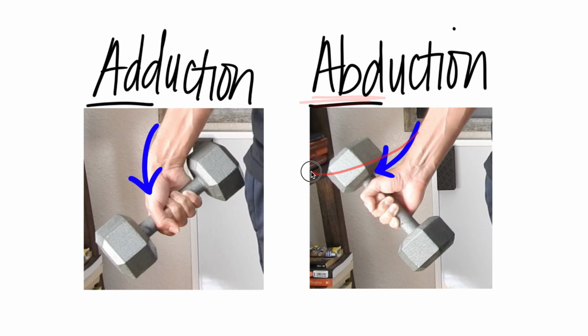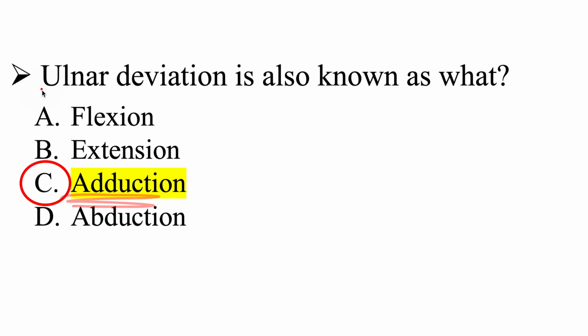Abduction is moving away from the midline, and it is going towards my thumb side, my radius. So this would be considered radial deviation because it's deviating towards my radius. This one, adduction, is considered ulnar deviation because it is deviating towards my ulna. So the correct answer here is adduction. Ulnar deviation is also known as adduction.